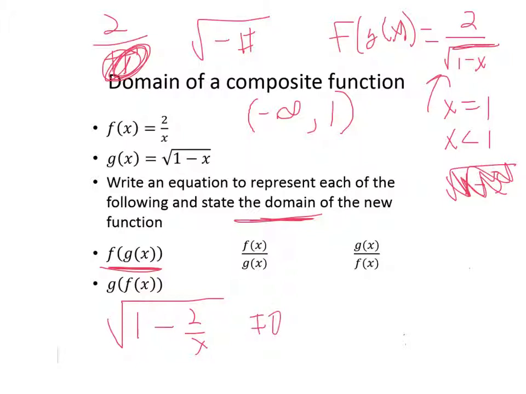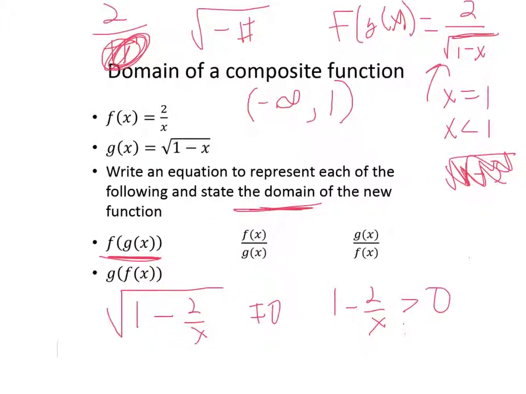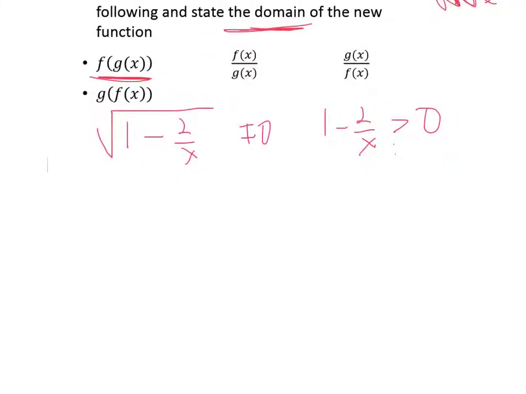And then we have to ask ourselves, when is 1 minus 2 over x not negative? I can't have it be negative, right? So how do I solve that inequality?